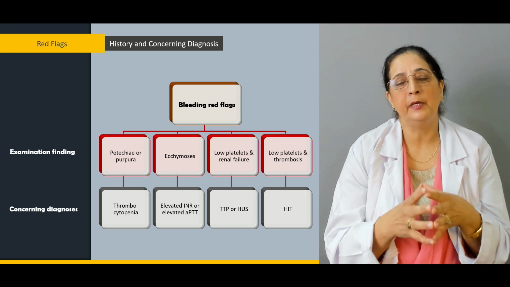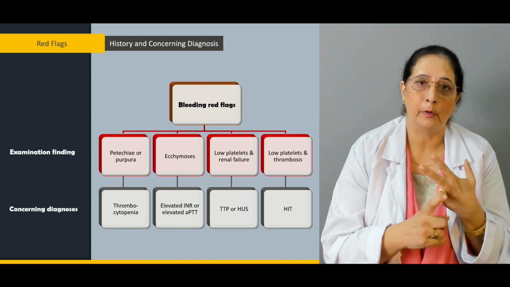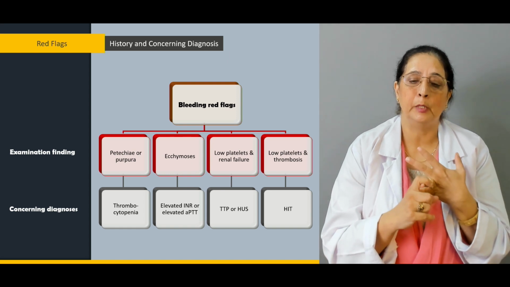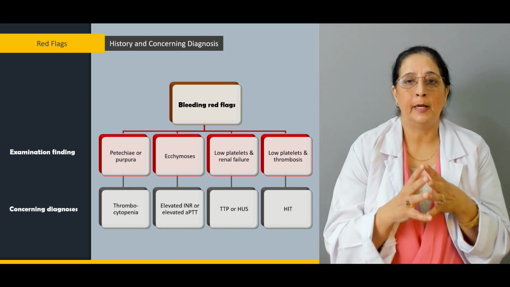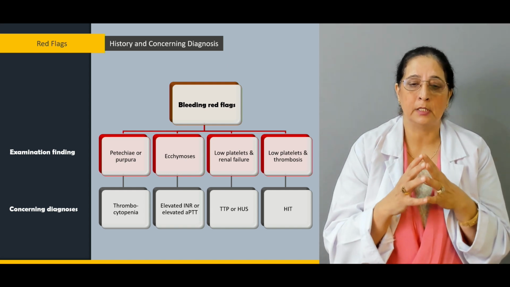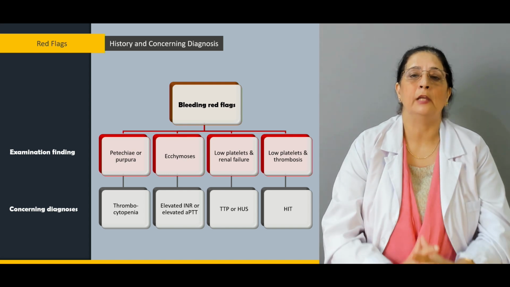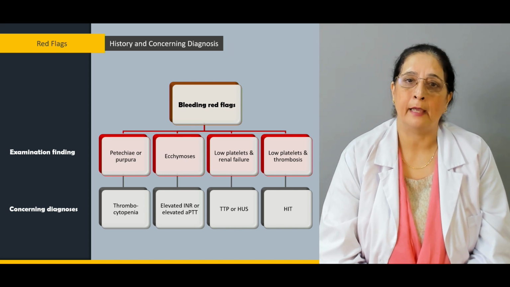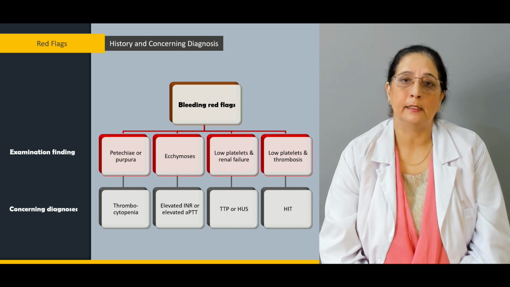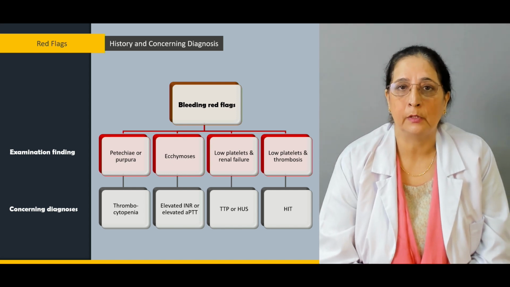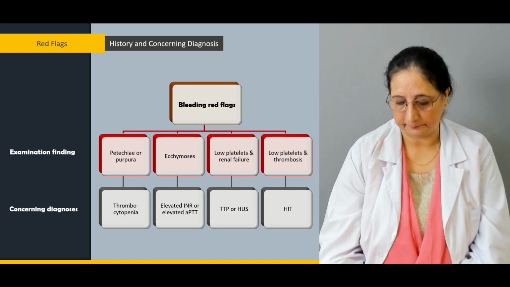The cause might be different, maybe due to heparin use, maybe due to thrombotic thrombocytopenic purpura, or it may be hemolytic uremic syndrome. But the diagnosis is different. So different findings, the concerning diagnosis, if you see, all these have the problem with the platelet count, because platelets are the cells which are responsible for the blood clotting or stopping the bleeding.